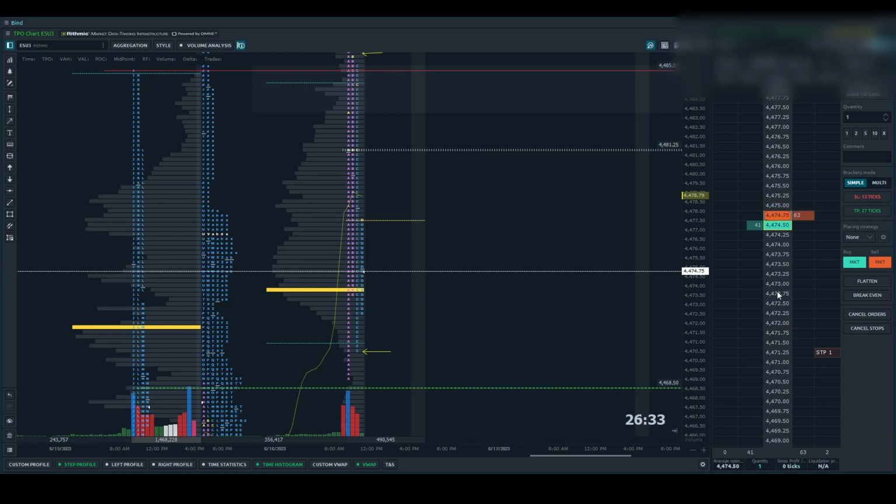I didn't look at that for 1 second and I missed, I think it made it down to the 73 area here. I wanted to enter another contract.